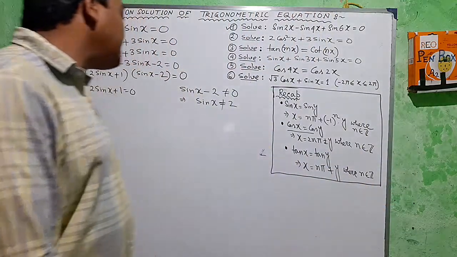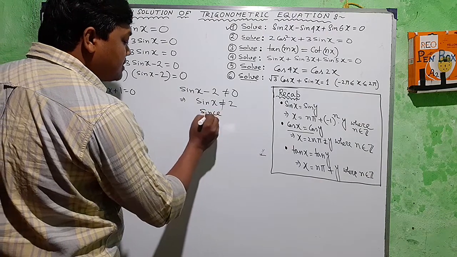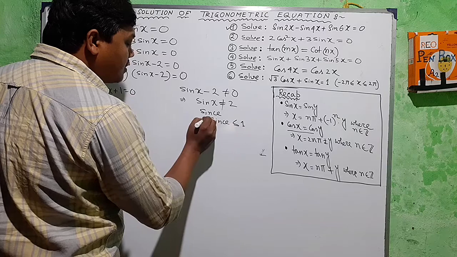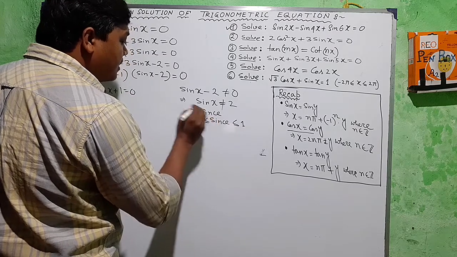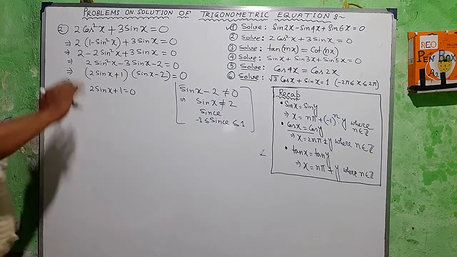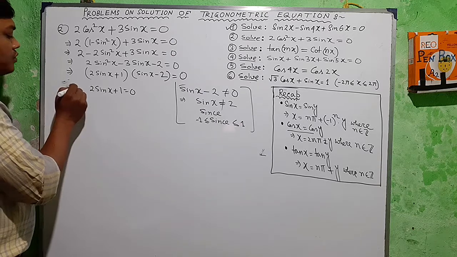That means the mod of sin x is always less than or equal to 1, so sin x minus 2 is not equal to 0, and then you can divide by it. So the only equation is 2 sin x plus 1 equals 0.